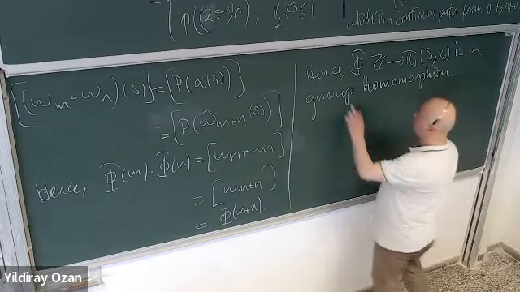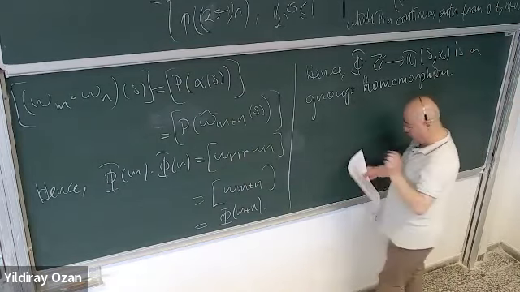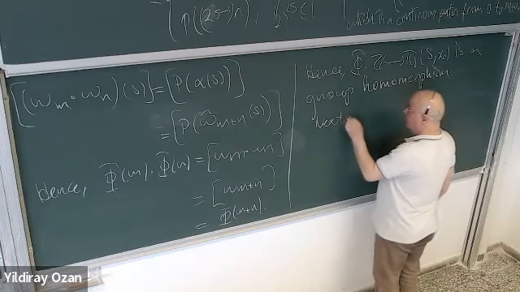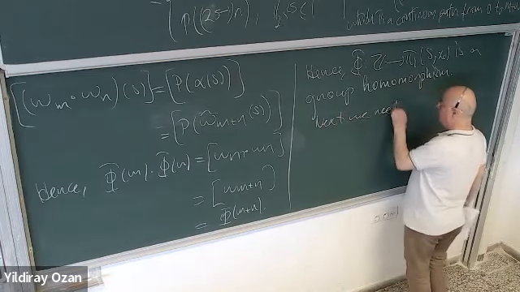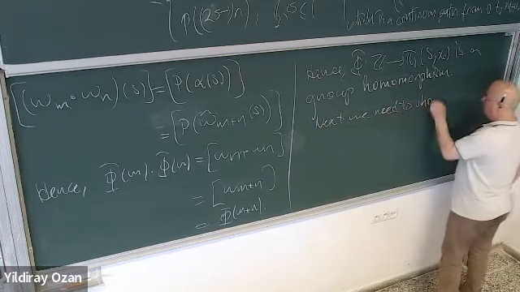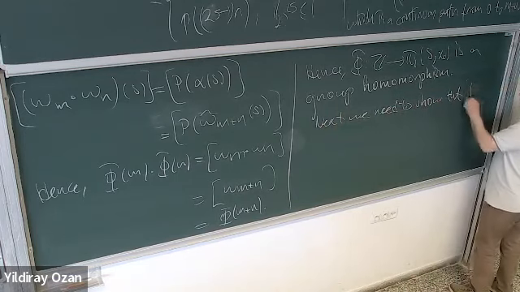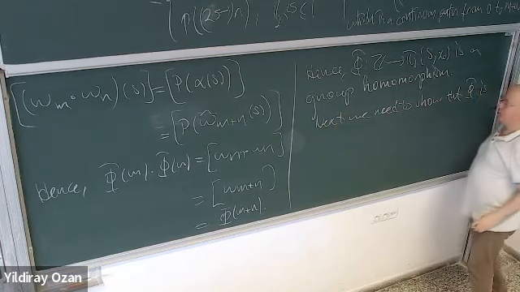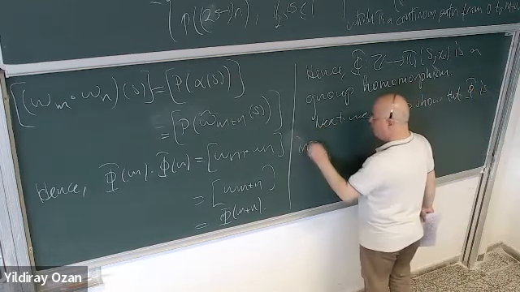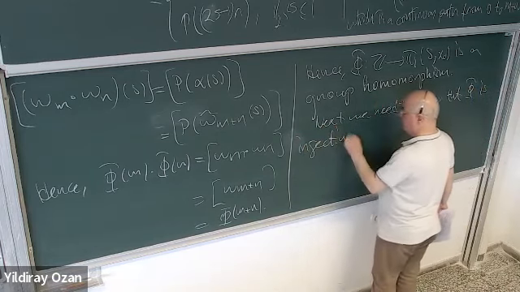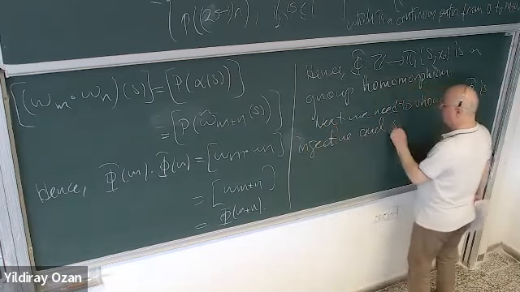Now, to show that this is an isomorphism, we have to prove two things. Next, we need to show that this map is injective and surjective.